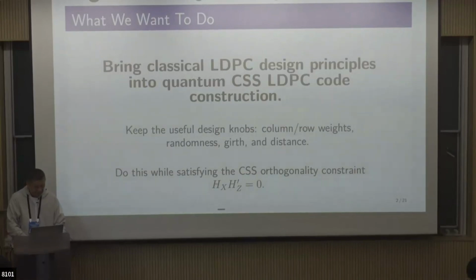The question is how much of this freedom can be kept while HX and HZ satisfy the CSS orthogonality. This is the central tension of this talk: the classical-style freedom inside the algebraic orthogonality constraint that makes the stabilizer checks commute.